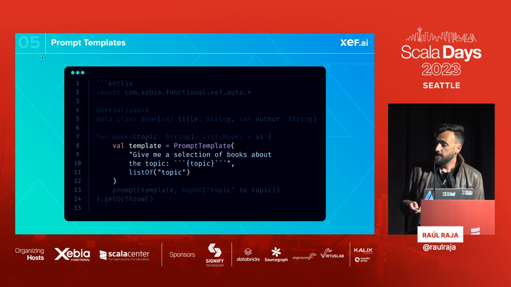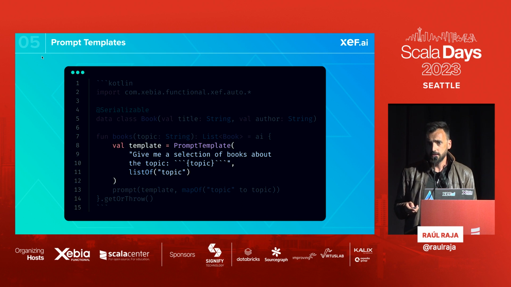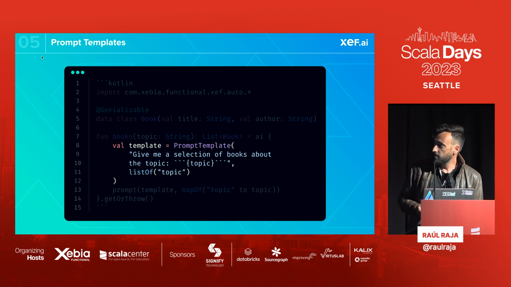Another little feature of the library is the notion of prompt templates. It allows you to create prompts with input and output variables, which you can chain together, much in the same fashion as if you're coming from Python with the LangChain library. So there are these kinds of utilities that help you organize and model your prompts and compose them together.